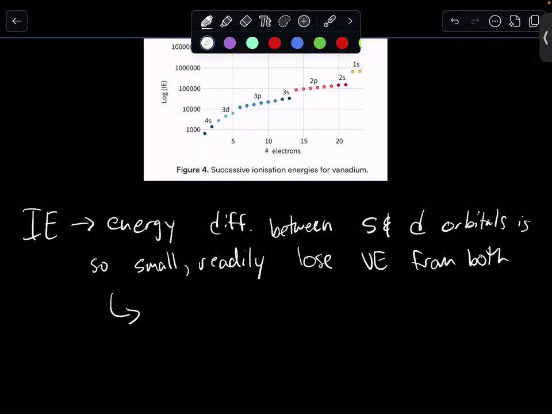And that's going to allow for many different oxidation states. So that's the key thing here.